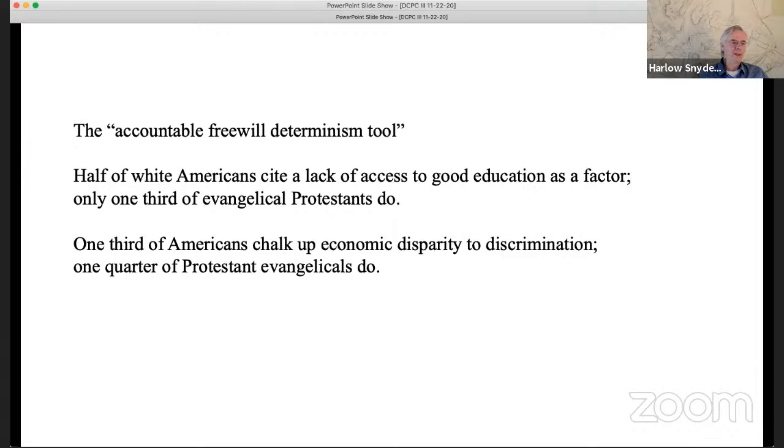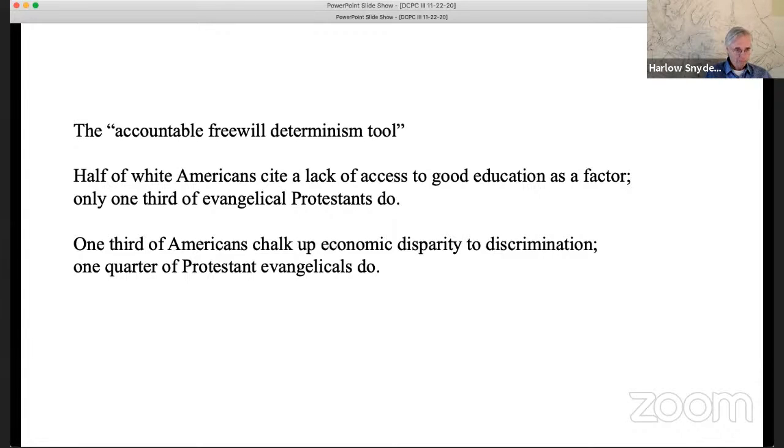But self-confessed conservative Protestant evangelicals tended statistically to show a very noticeable difference from the main group of Americans who don't have that kind of affiliation.